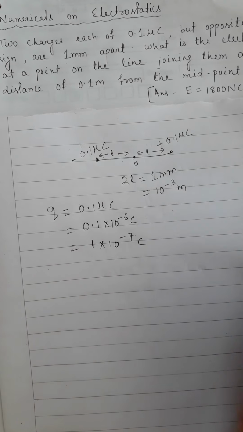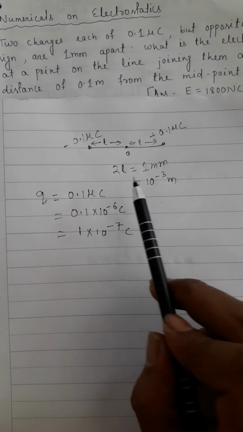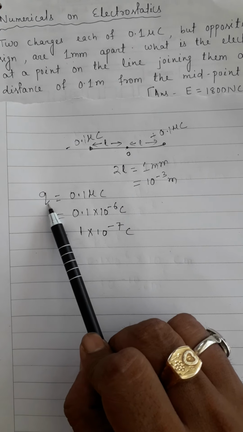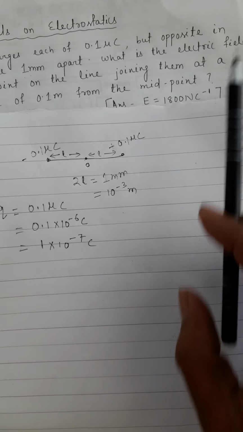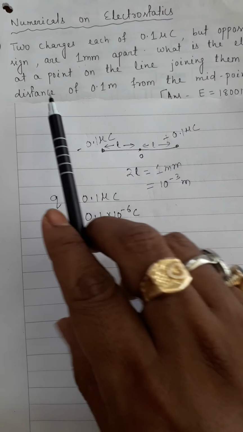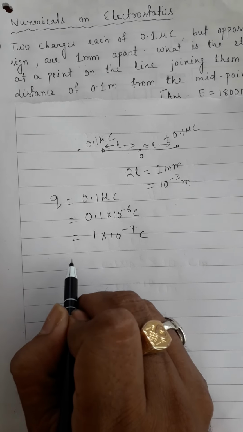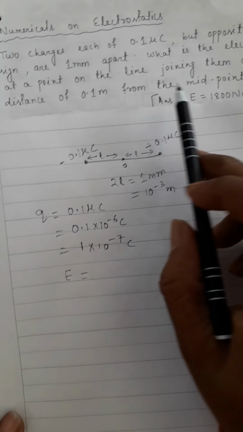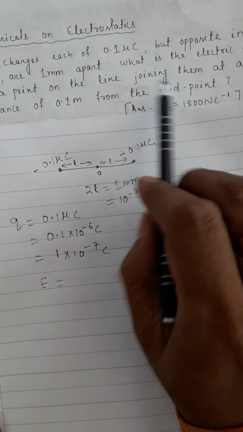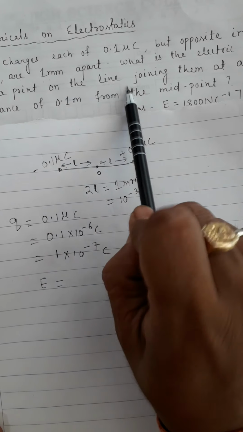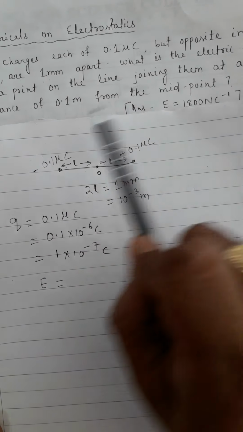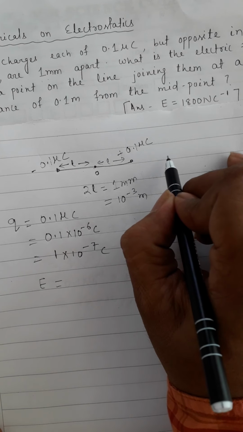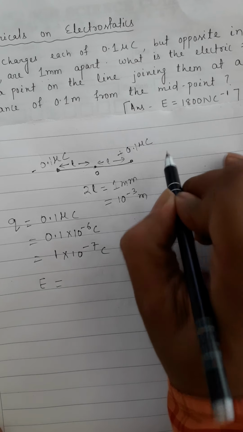So here the distance between the charges of the dipole is given, the magnitude of the charge is given, and we have to calculate the electric field at a point on the line joining them, at a distance of 0.1 meter from the midpoint of the dipole.